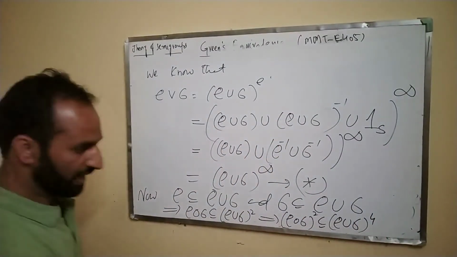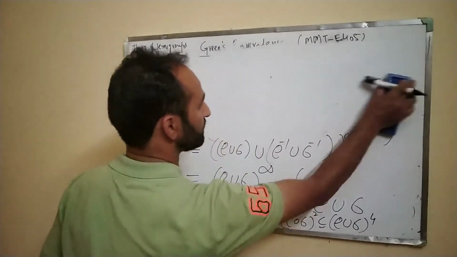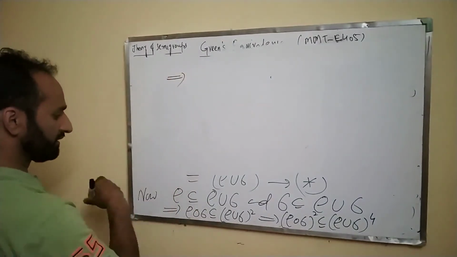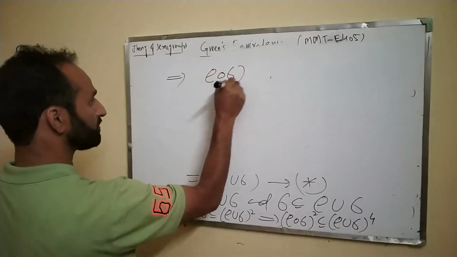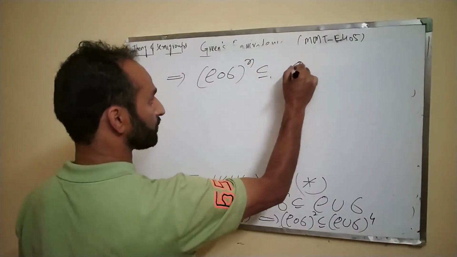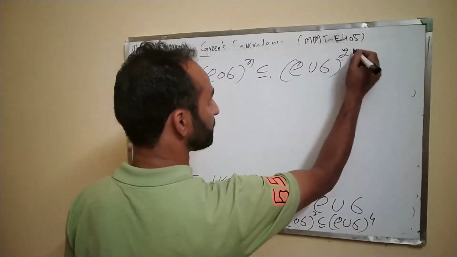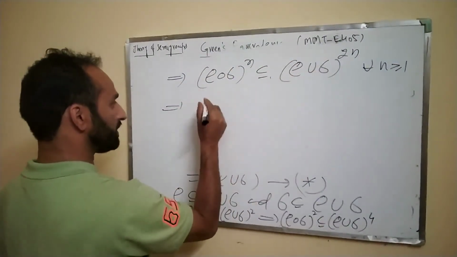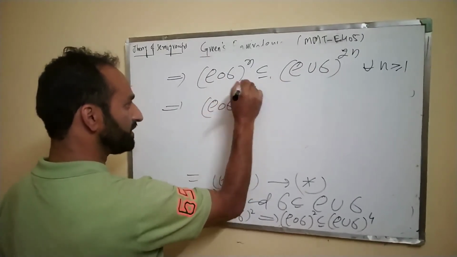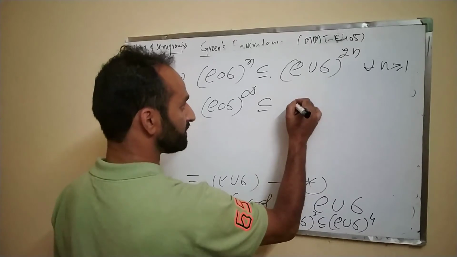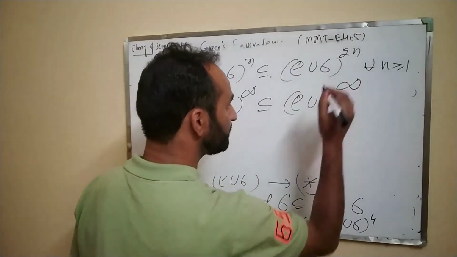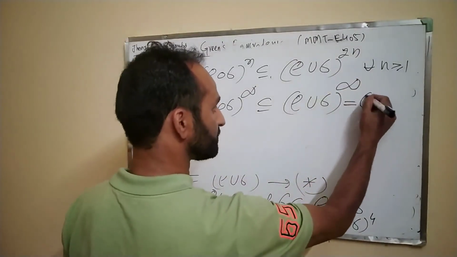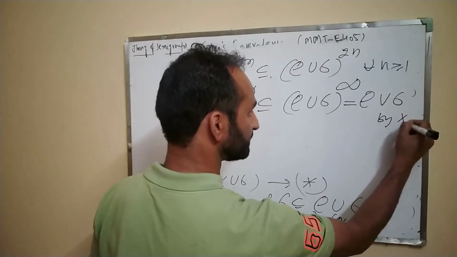This is simple, and in general we will see that rho composition sigma power n is a subset of rho union sigma power 2n for all n greater or equal to 1. The union will be a subset of this union, but this union is equal to power infinity. That's the notation, and this is again the power infinity, and that you have seen it's actually this one, it's equal to rho join sigma, by star.